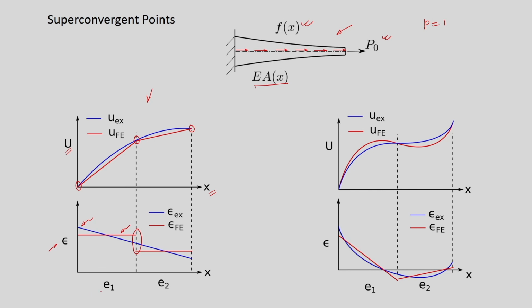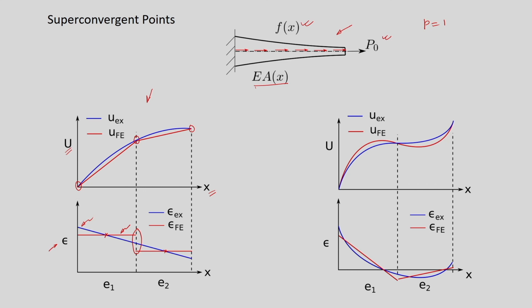All right. So, this is not practical then, and another thing is, at other points of the domain except at these 2 points, where the exact solution and finite element solution match, at all other points they have some discrepancies.